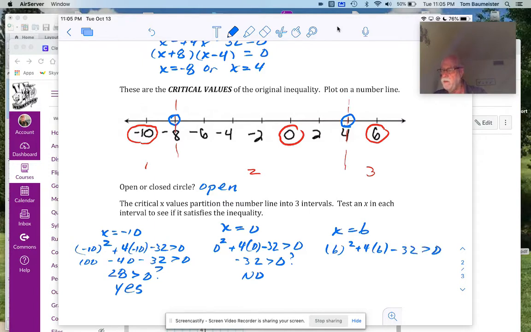Is that greater than 0? I'll have 36 plus 24 minus 32. If I work that out, again I'll get 28. Is that greater than 0? You're going to tell me yes.